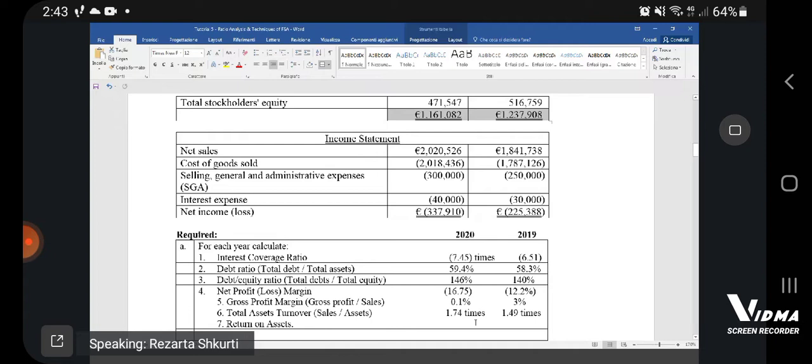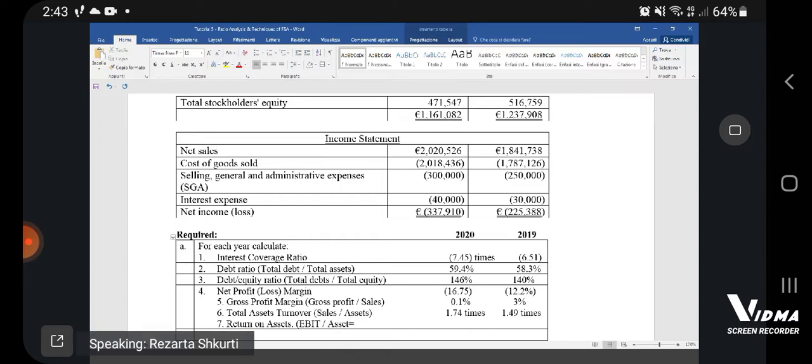The problem of this company is managing expenditure, very low gross profit margin, and inability to cover expenditure, whereas the ability to generate revenue from utilizing assets is okay. So the return on assets, the last ratio over here, is known as the ratio of EBIT divided by total assets.